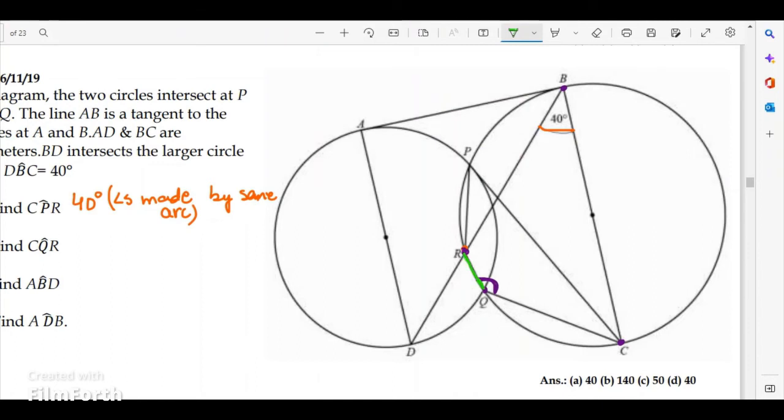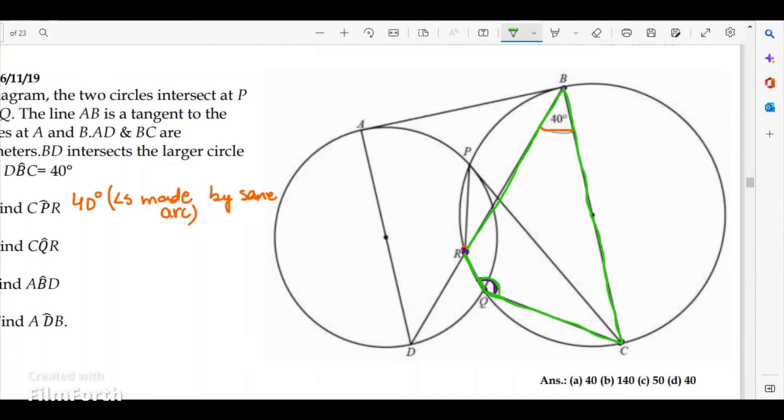This right here, all the way down here, all the way down here, and here. This makes a nice cyclic quadrilateral. So the opposite angles of a cyclic quadrilateral should be supplementary.